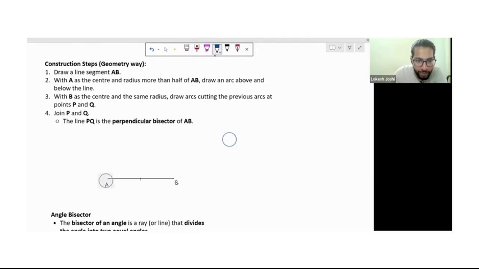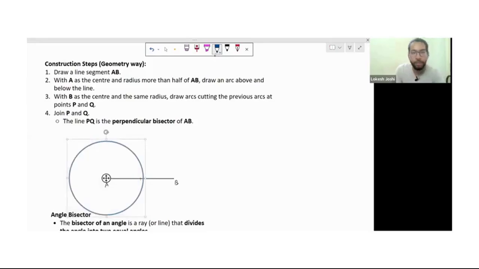Suppose I am taking A as the center. I am using this one from the figure, but you can do this by the compass. You have to make the arc. With A as the center, if we use a compass, then the arc will be like that. It will intersect AB at this point.